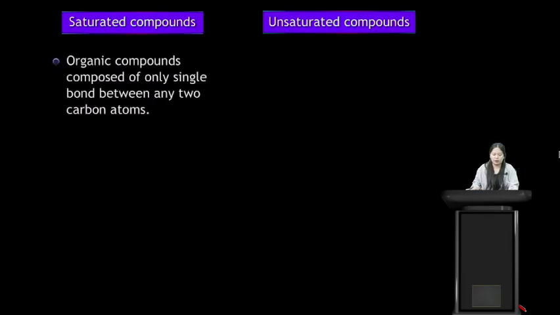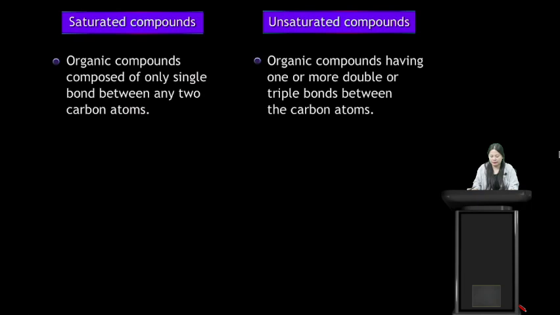Organic compounds composed of single bonds between any two carbon atoms are called saturated compounds. Organic compounds having one or more double or triple bonds between the carbon atoms are called unsaturated compounds. So saturated compounds are alkanes, unsaturated compounds are alkenes and alkynes.